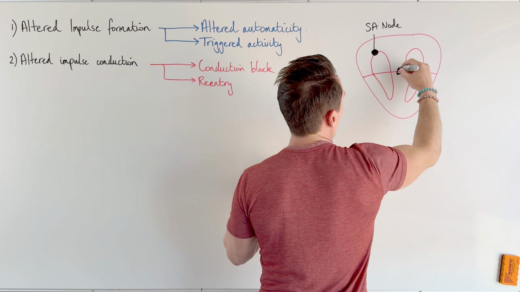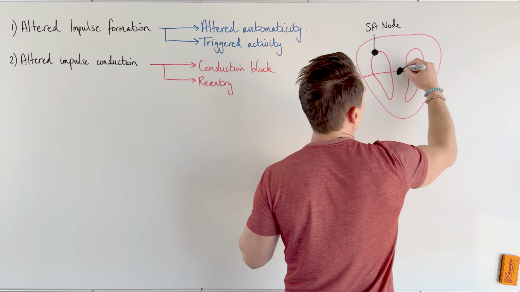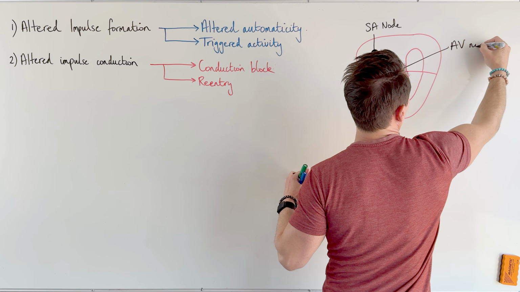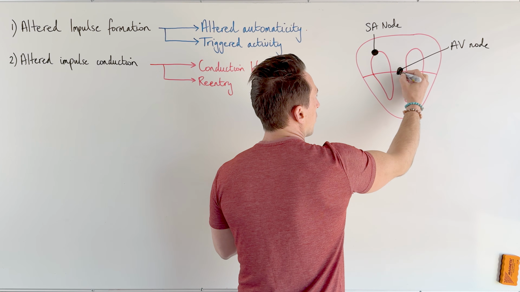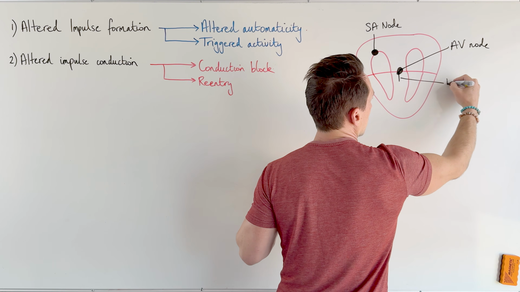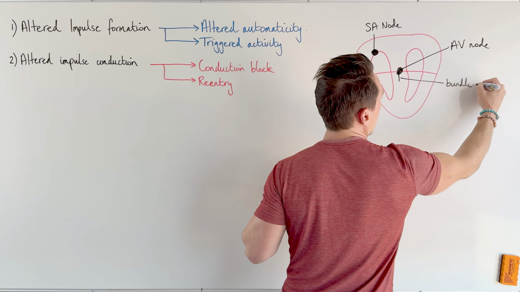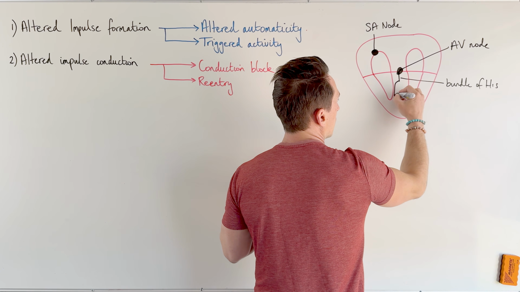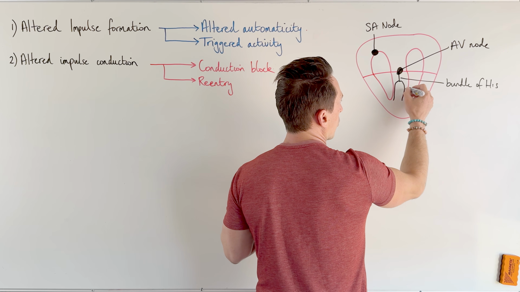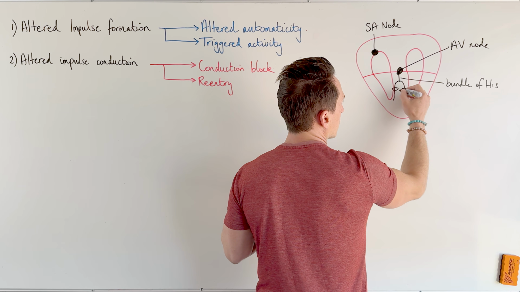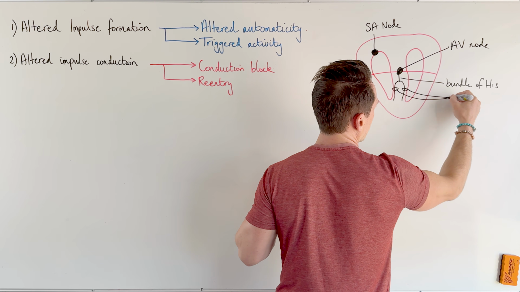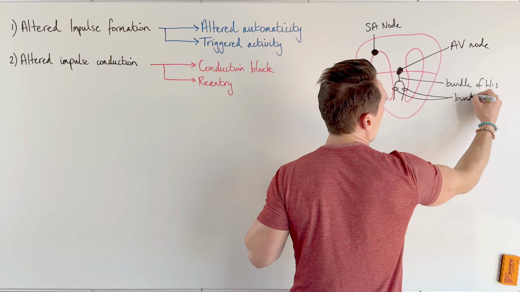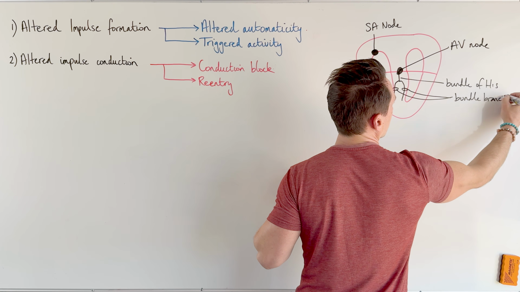It's going to be made up of the AV node. It's going to be made up of the bundle of His. Then it's going to be made up of the left and right bundle branches. So bundle branches.